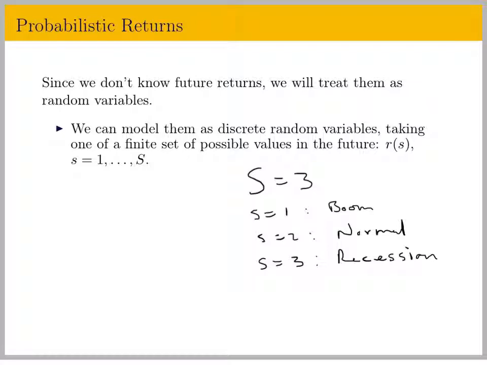So you could say asset A, which is the return we're looking at, has a return R_s of, let's say, 0.1, that is 10%, in the boom state. R_s could be 0.02, that is 2%, in the normal state. And then in the recession, it could be declining, negative 2%, let's say.